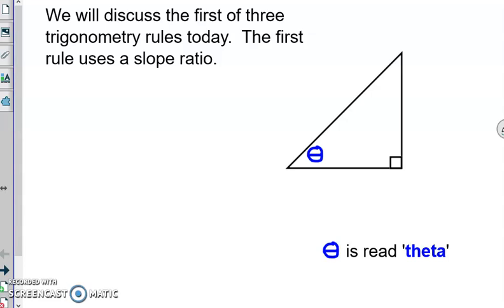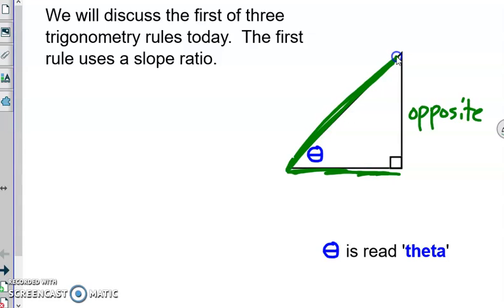The angle that I'm going to be using is called theta. If I shade the 2 sides of angle theta, the side that doesn't get shaded is called the opposite side. The side that's opposite the right angle is the hypotenuse.